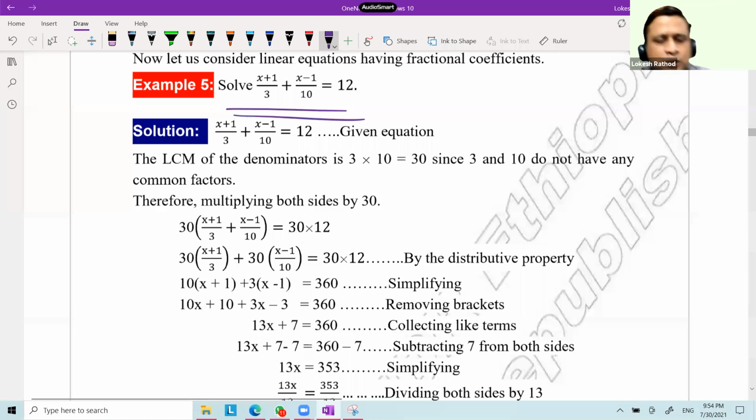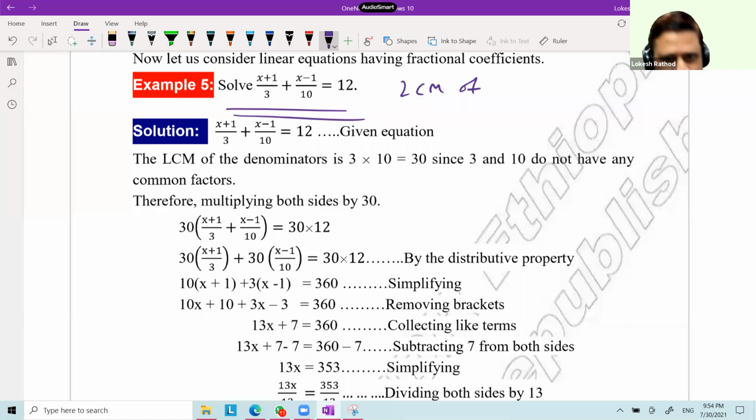what you do is find the lowest common multiple, or LCM, of the denominators. You multiply each term with the LCM. Here, say, the LCM of 3 and 10 is 30, so multiply each term with 30.